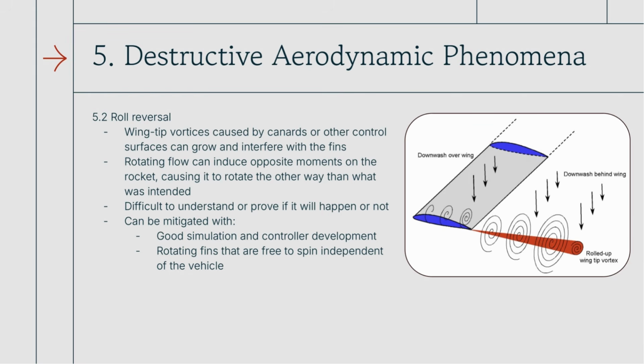Or you can make a spin can, basically have your fins rotate freely from your rocket. And what that means is that if the fins are impacted by the vorticity from these wingtip vortices, then it will just cause the fins to spin and not the rest of the rocket.